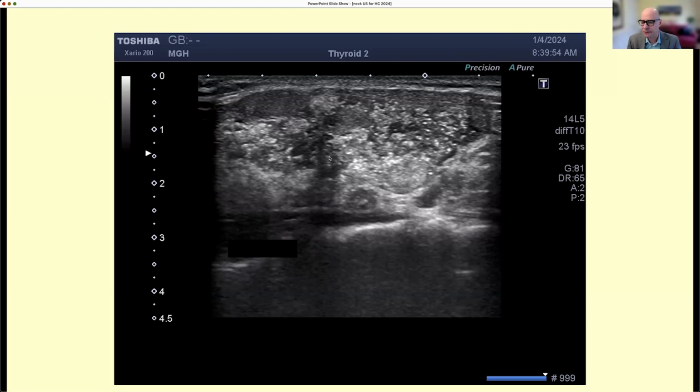Only calcium can generate shadows in the thyroid gland, only calcium. You see this shadowing here? This is, again, a diffuse sclerosing variant of thyroid cancer arising in Hashimoto's thyroiditis with multiple calcifications throughout the gland. It's a pattern that you don't see very often, but it's a disease that needs to be recognized.